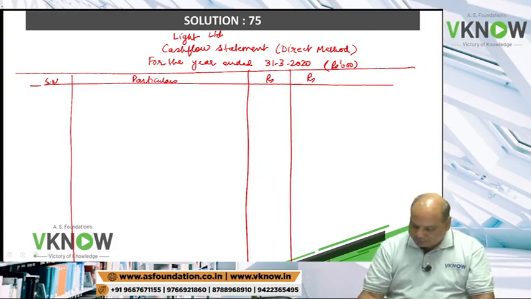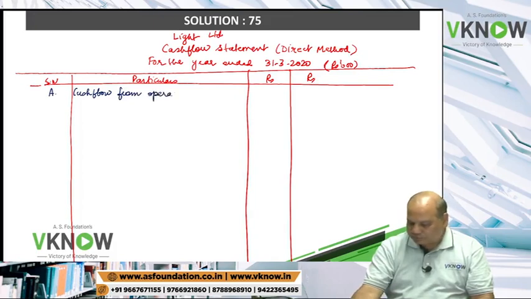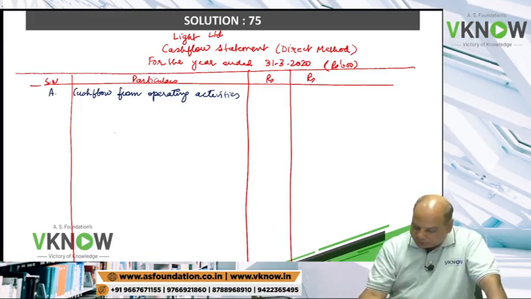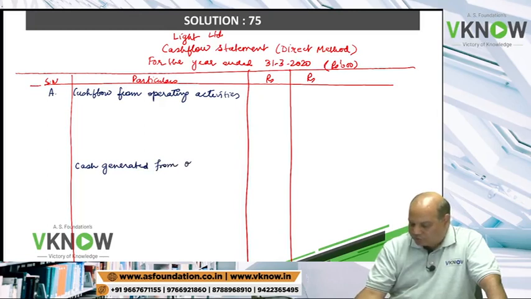First write point number A, cash flow from operating activities. Keep around 7 lines blank. Then write here cash generated from operations.